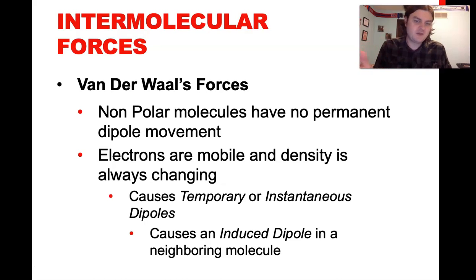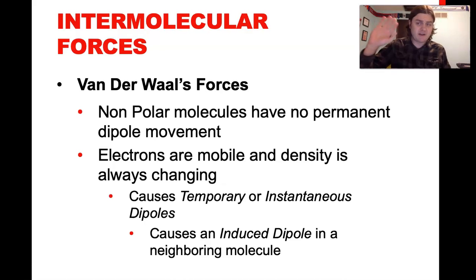When this molecule that has a temporary or instantaneous dipole is next to another molecule, it causes an effect that is generally referred to as an induced dipole. The molecule with the instantaneous dipole is a little more negative over here and a little more positive over here.